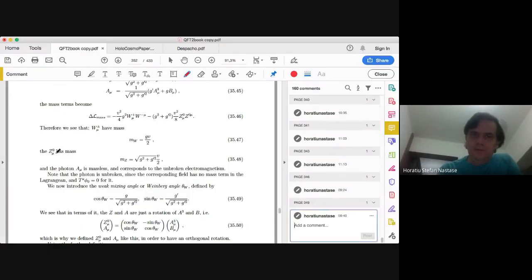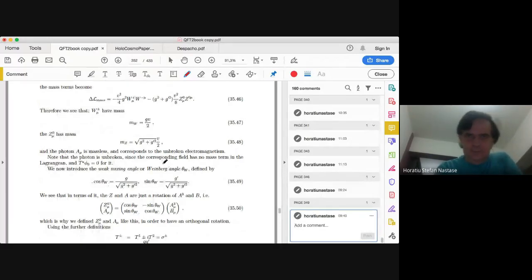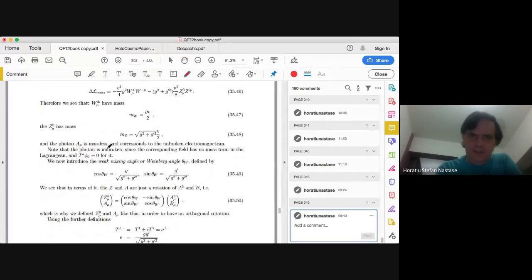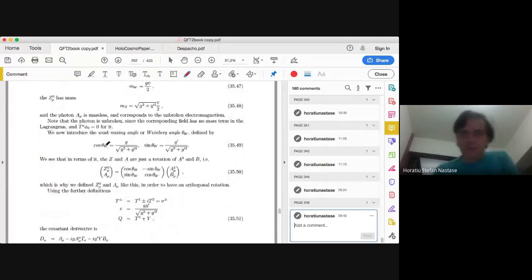And Z0 is also a massive boson, also at the electroweak scale. But instead of gv over 2, instead of g I have this square root of g squared plus g prime squared, v over 2. And then, as I said, A mu is a massless vector corresponding to the unbroken electromagnetism.